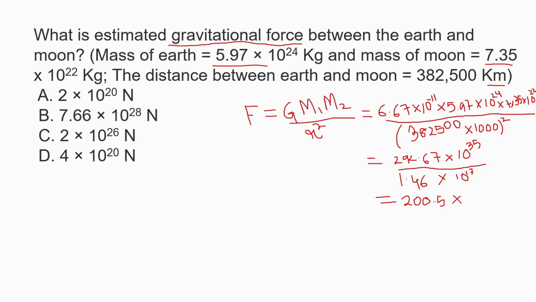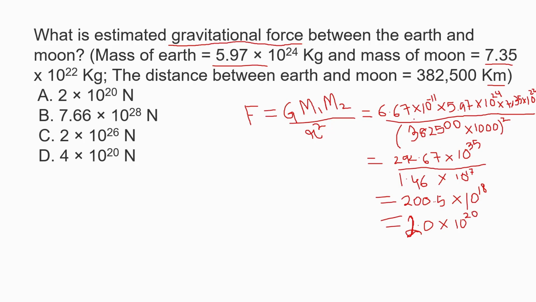Then we have 35 minus 17, which gives you 10 to the power 18, which can also be written as 2.0 into 10 to the power 20.